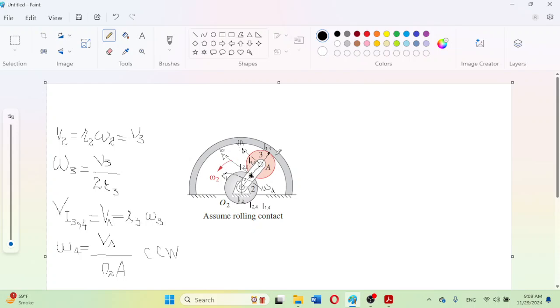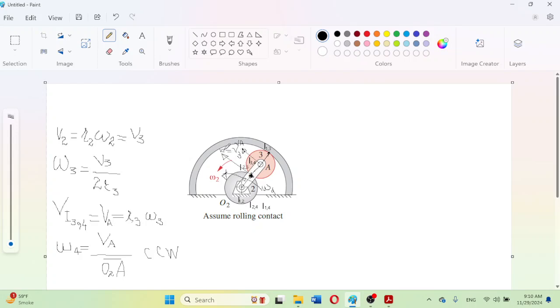But omega 3, as we had seen, had the instant center I1,3 here. So V3 was along this line. I can type it here that V2 was equal to V3 at this contact point.